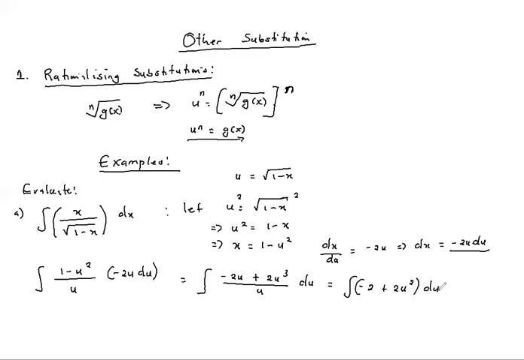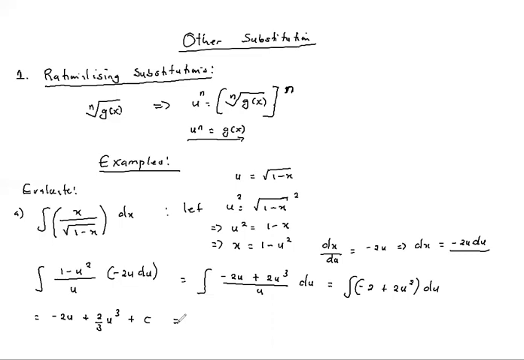Then you can now integrate, where we get negative 2u plus 2 over 3 u to the power 3. We just add a constant, plus c.